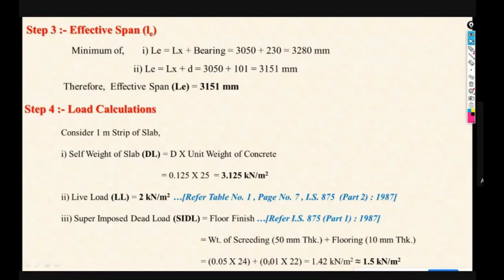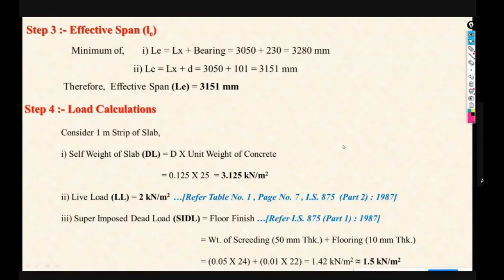Again I repeat, here we have not considered the sunk weight, because a sunk will come only in the toilet and bath basically. So in superimposed dead load we have considered only two loads, screeding and flooring, and for these two loads our total SIDL is 1.5 kilonewton per meter square.